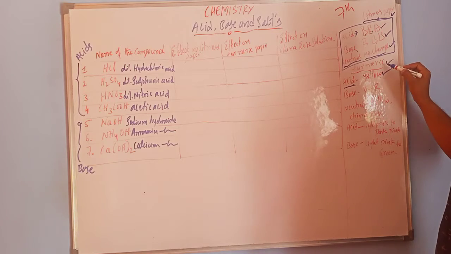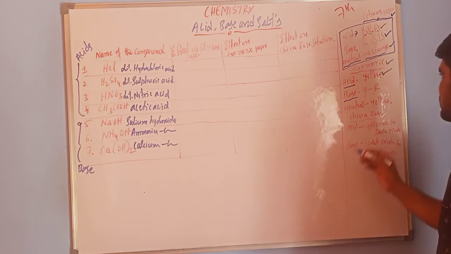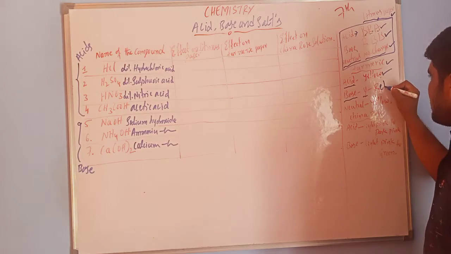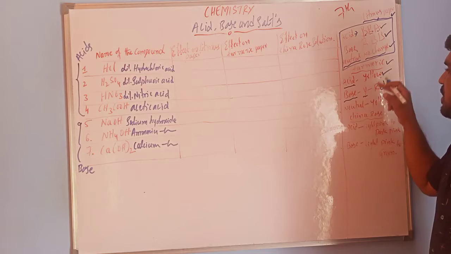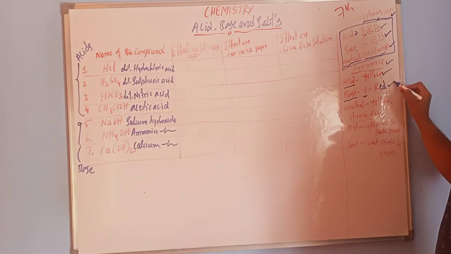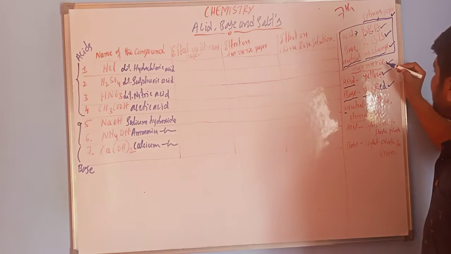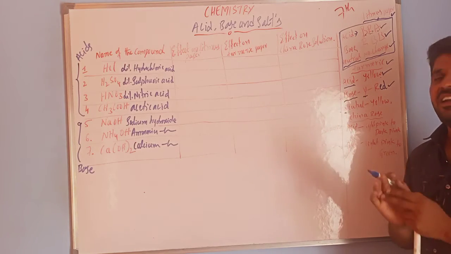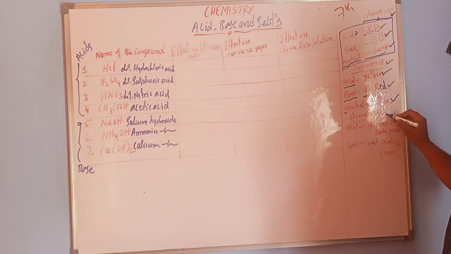In the same way, when yellow turmeric paper is dipped in basic solution, the color changes from yellow to red. Next, neutral: when turmeric paper is dipped in neutral solution, there is no change in color, it remains yellow.